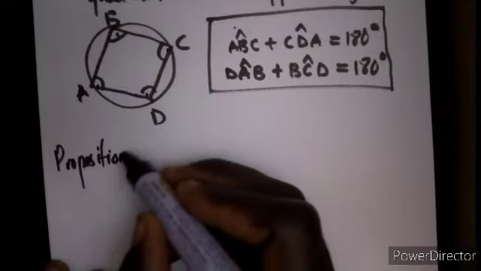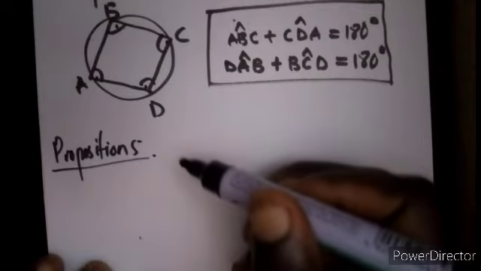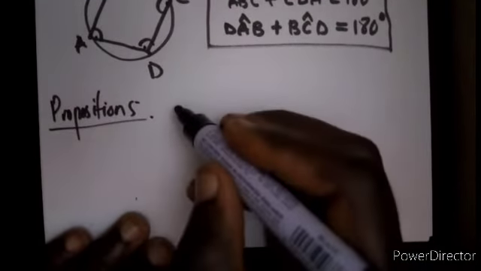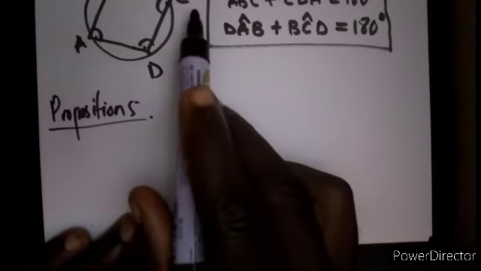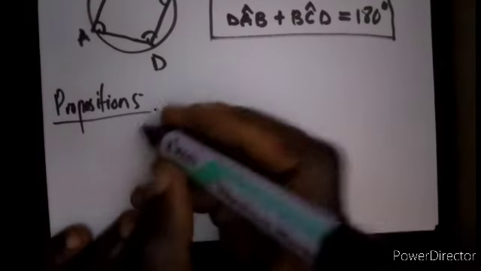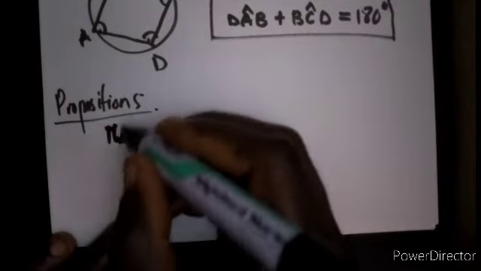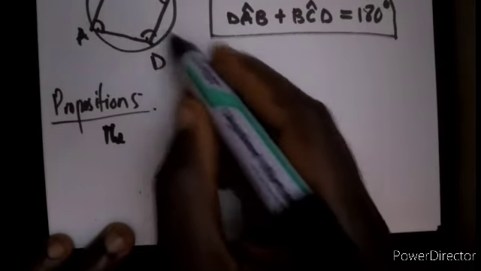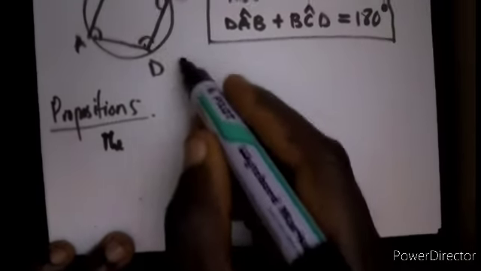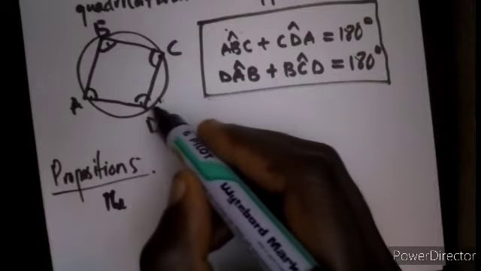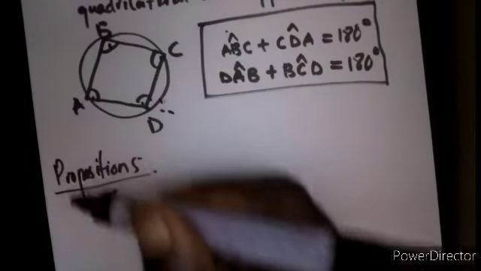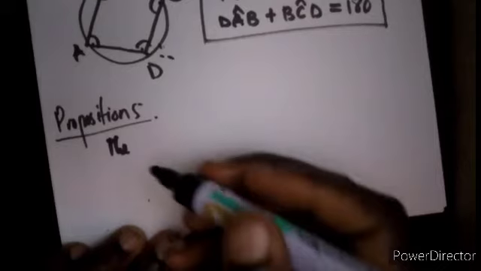Proposition 5 follows a bit from here. We can say the exterior angle for a quadrilateral, if I extend this line, will be equal to the opposite interior angle. That's proposition 5.